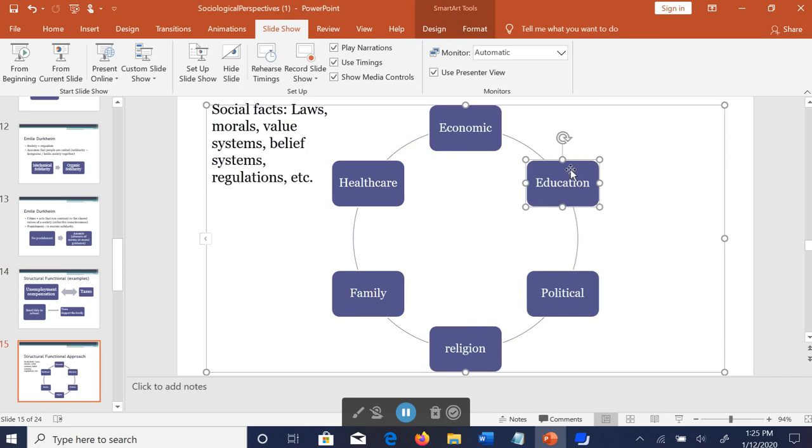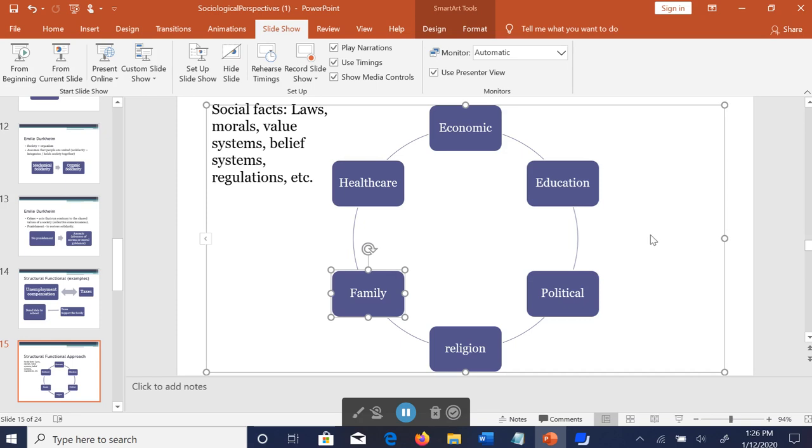If the kids graduate high school and college, and are hired by an economic entity, be it a government, a business, a school system, or a company, the kid, now an adult, is going to pay taxes to the political system, generate some tax revenues, and the government is going to use all these tax revenues to fund the school system, to fund subsidized healthcare, maybe to subsidize some family who are struggling.